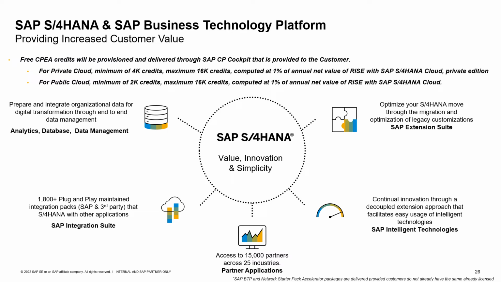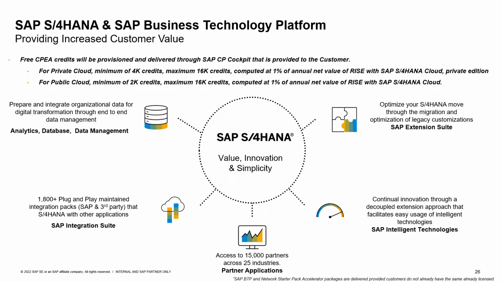So for SAP S/4HANA Private Cloud, there's a minimum of 4,000 euro credits and a maximum of 16K euro credits, computed at 1% of the annual net value of the Rise with SAP S/4HANA Cloud Private Edition.